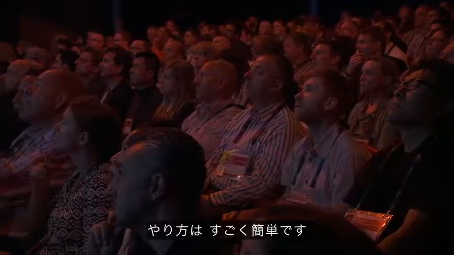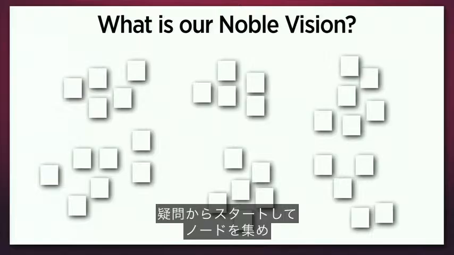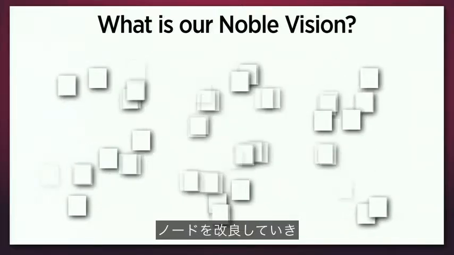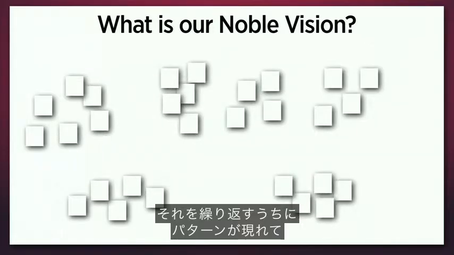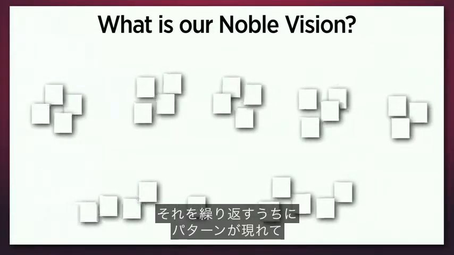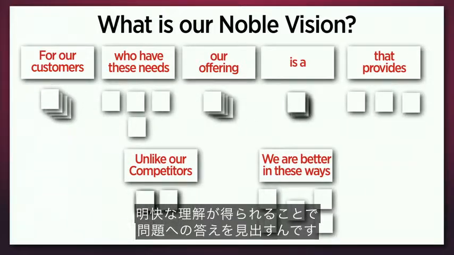And I'm convinced that those who see their world as movable nodes and links really have an edge. And the practice is really pretty simple. You start with a question, you collect the nodes, you refine the nodes, you do it over again, you refine and refine and refine, and the patterns emerge. And the group gets clarity, and you answer the question.